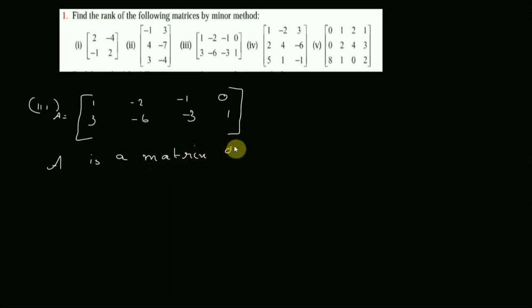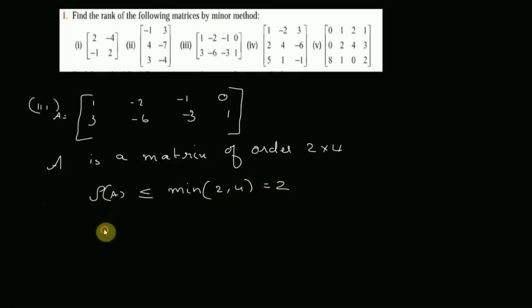So the rank will be less than or equal to the minimum of 2 and 4. What is the minimum of 2 and 4? It is 2. So rank of A is less than or equal to 2.